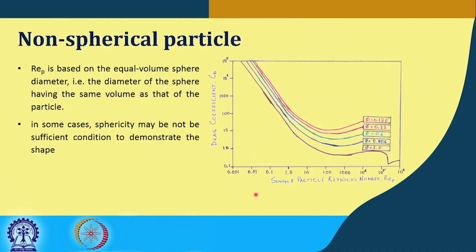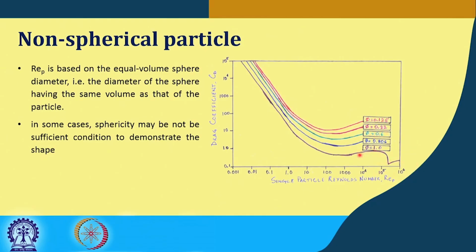Now the drag coefficient CD versus RE curve in these non-spherical particles also, depending on the sphericity, has several curves or lines available. Here also it can broadly be categorized in four regions: the constant region, the intermediate region, a straight portion, the Newton's law region, and then a boundary layer separation region.